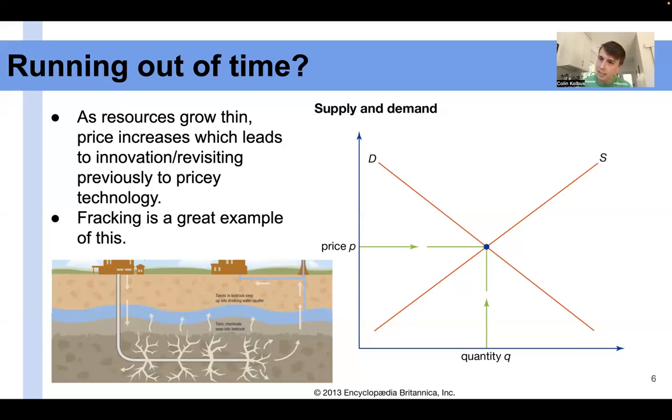Fracking is a fantastic example of this. Gas used to be very pricey in, I think, the late 2000s. And so with advancements in fracking technology to be able to use existing wells, if you're not familiar, fracking is basically injecting high pressure liquid into these fracking wells that fractures the rock and then keeps that rock open with some grit or sand or something like that.